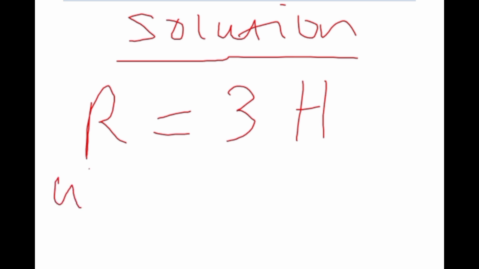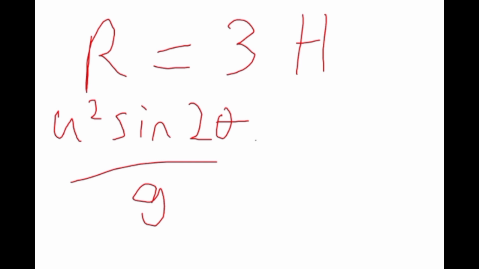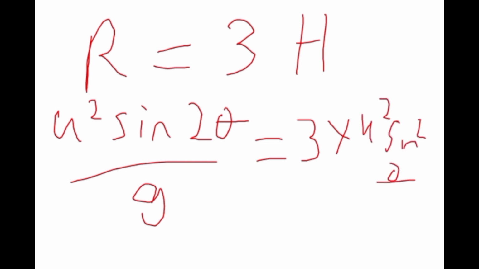Remember, range is u squared sine 2 theta over g. This is the formula for range. It is equal to 3 times the formula for maximum height, which is u squared sine squared theta over 2g. So we are going to solve this to get what we are looking for, which is the angle theta.